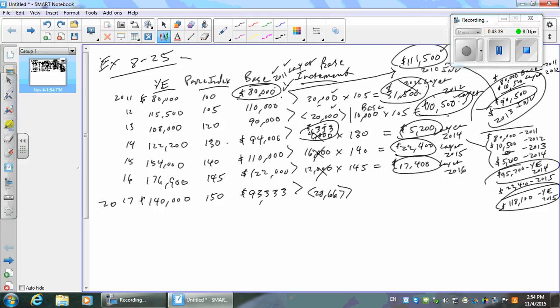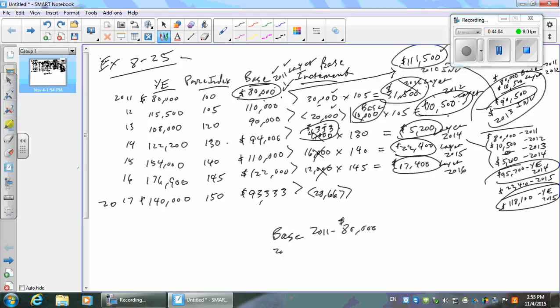I have this layer left, and this layer left, and 10 of this one, the base, right? So what I have left is the base from 2011, which is 80,000, right?